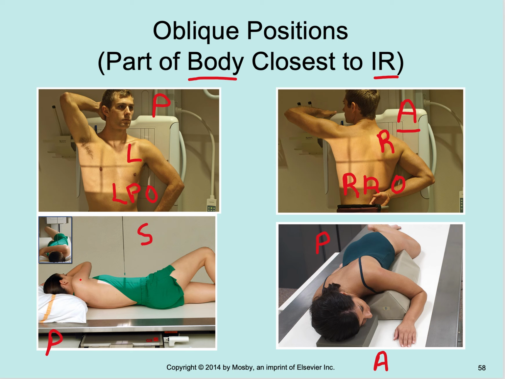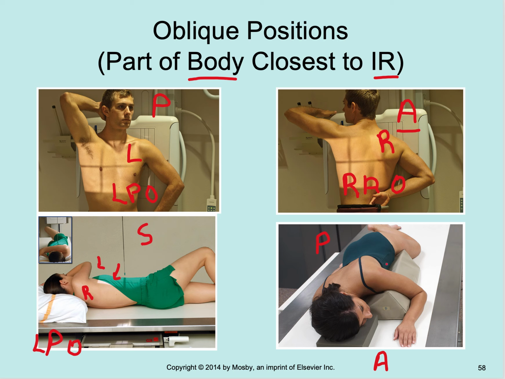Now we have to determine which side is closest to the image receptor. If we notice, this is the right side here that's rotated up. The left side is the side that's down over here. So this would be considered a left posterior oblique.